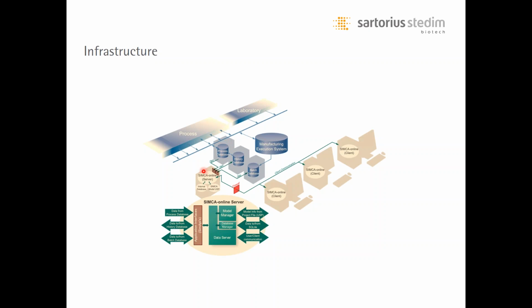Simca Online is a server client application. It is installed as a service on a computer, usually a server computer, and it connects to a process database, such as, for example, OSI Pi.